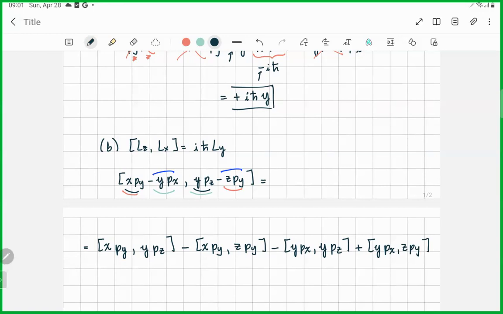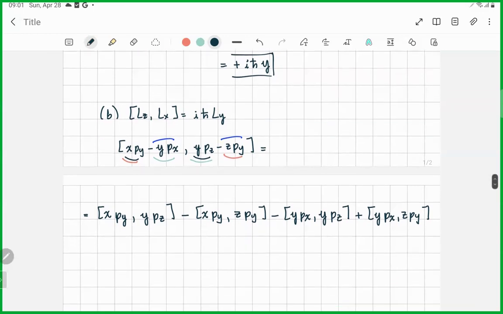To go on opening these products in these commutators. But before going to all that, let's have a look at which commutators we really care about. Let's look at this first one. Look, here we have x, and we don't see anywhere a p_x. So we have p_z, and we don't see anywhere a z.